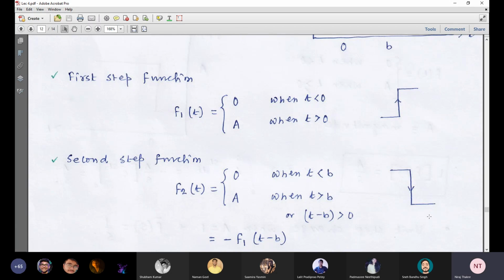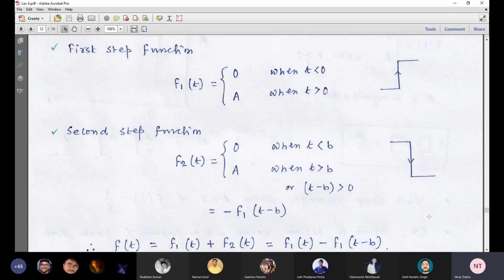Now you see I have written in this form: f(t) equal to F1(t) plus F2(t). And it means F1(t) minus F1(t minus b). Sir, if F2(t) is minus F1(t minus b), then when t is less than b it should be a, and when t is greater than b it should be 0, right?